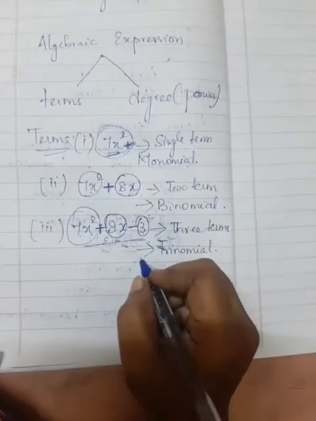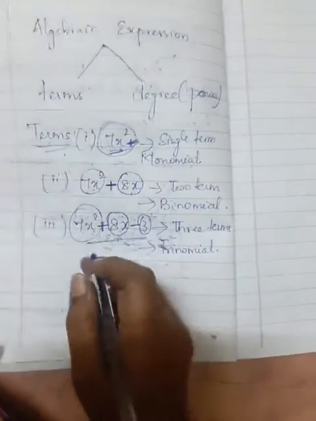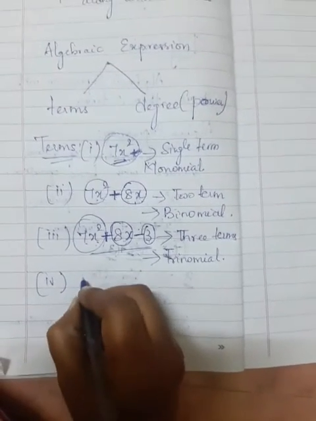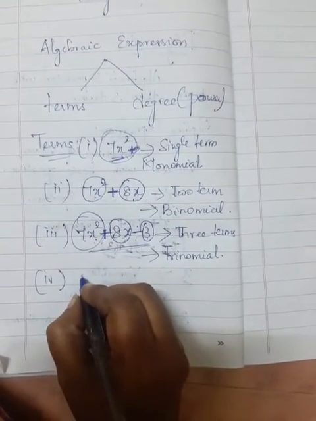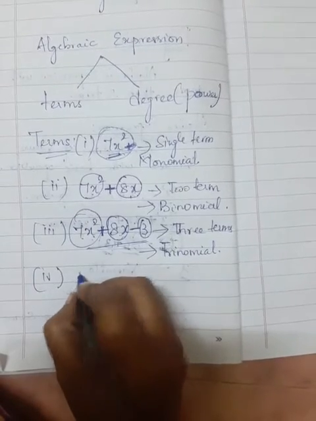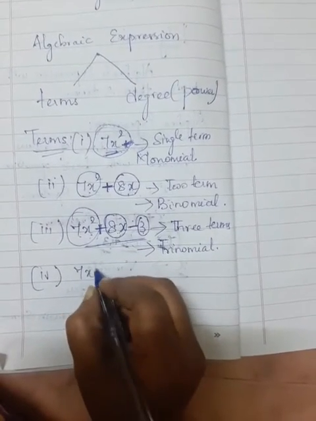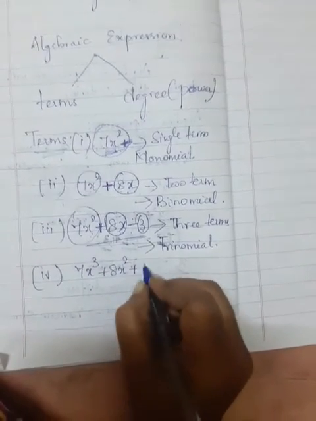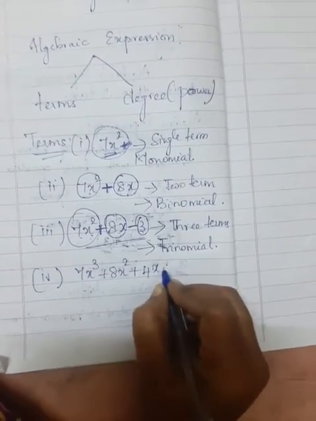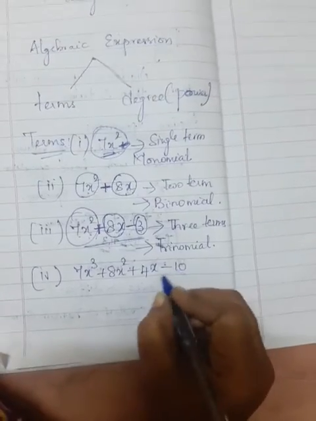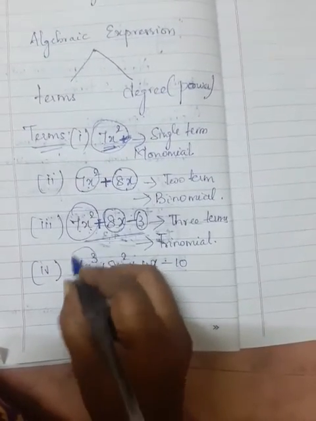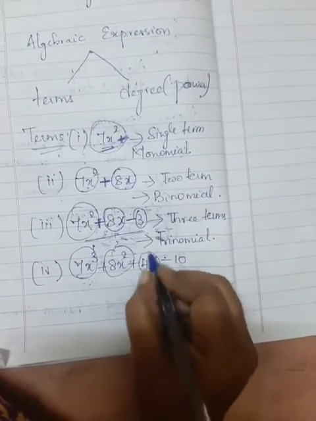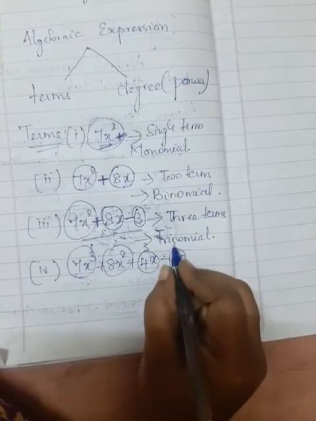Okay, if I have more than three terms, then we say that as a polynomial. More than three terms means how? See here, if I have 7x cube plus 8x square plus 4x minus 10, then 7x cube is one term, 8x square the second term, 4x the third term, and 10 the fourth term.